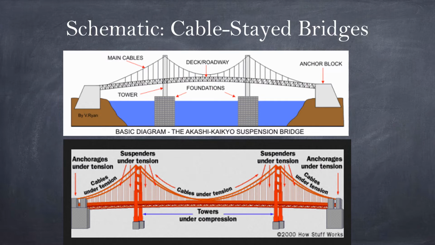There's a deck roadway that the road can run on, and then we have the main cable that tends to be at an inclined angle or in a parabola shape, and then we have the vertical or sometimes called suspension cable that actually transfers the load from the deck or the roadway up to the main cable, and then the main cable transfers it to the column. You see the high column there, and then down on the tower, and then down to the foundations, and of course to the anchor block on the idle banks.